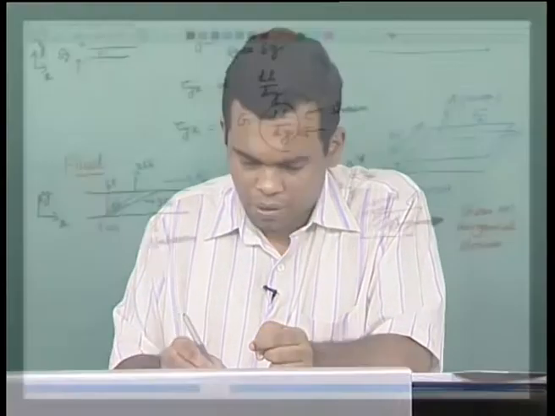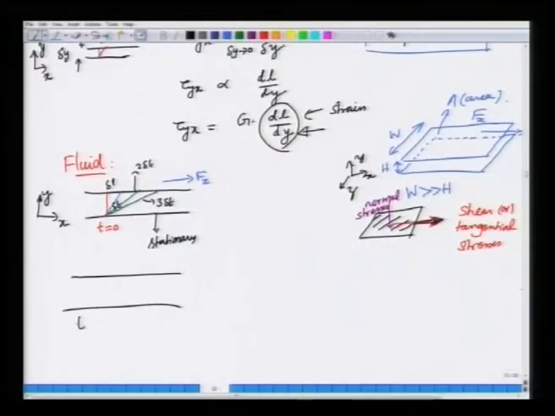So, if you do this experiment and plot at t equal to 0, this line will be like here. I am going to draw different snapshots.